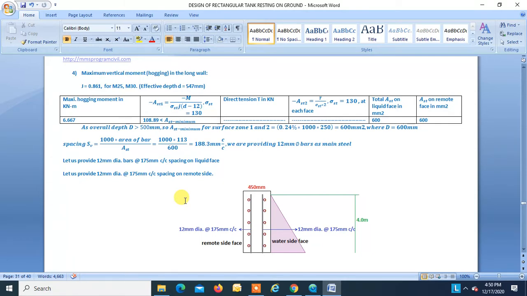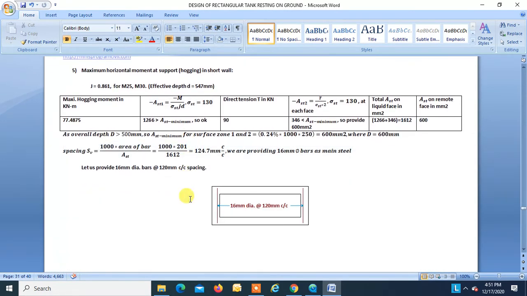So over here we get 12 mm about 175 mm, so that is satisfactory. So we will provide 12 mm dia bar about 175 mm. That is satisfactory. So we will go for that. So this is how we do the steel detailing for the long wall.